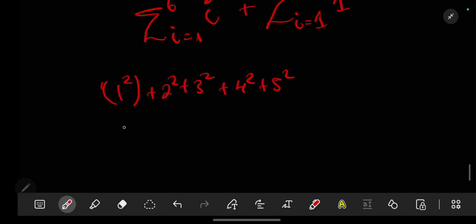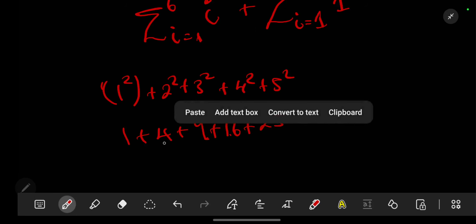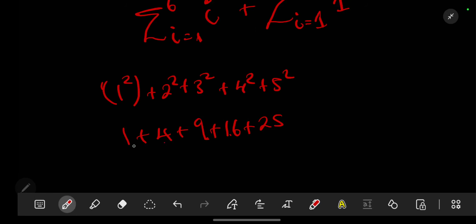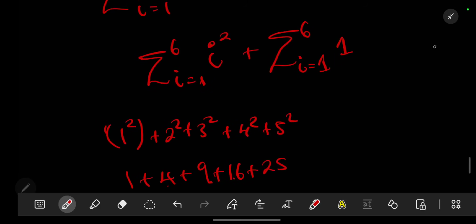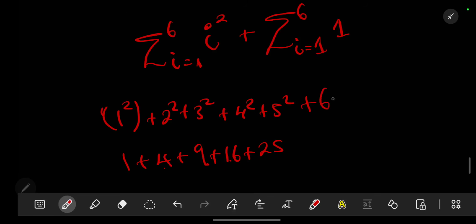This gives us 1 squared is 1 plus 4 plus 9 plus 16 plus 25, which gives us 9 plus 16 is 25, plus 25, that's 50. 50 plus 4, 54, plus 1, that will be 55. We forgot the 6 squared, so plus 36.